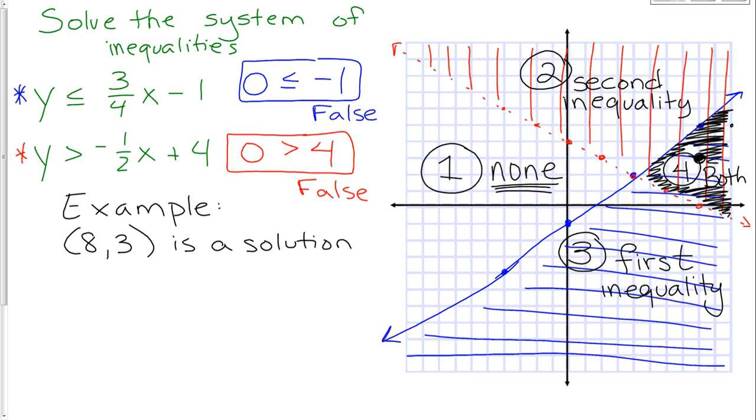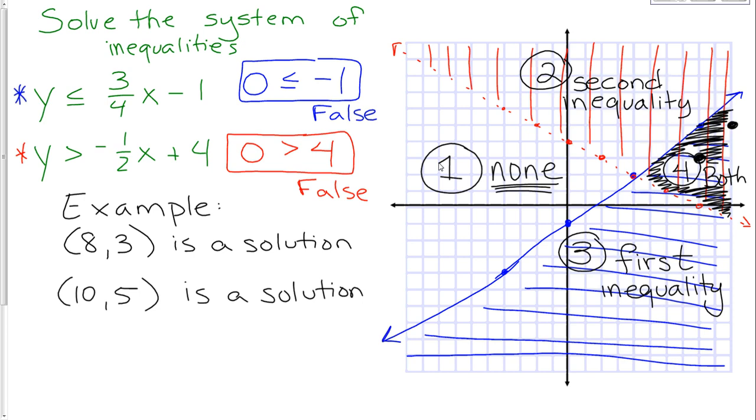Another point we could pick could be right here. So that would be the point 10, comma 5. That is a solution. Any point you were to pick within that shaded region would be a solution to the inequalities. Only points within that region.